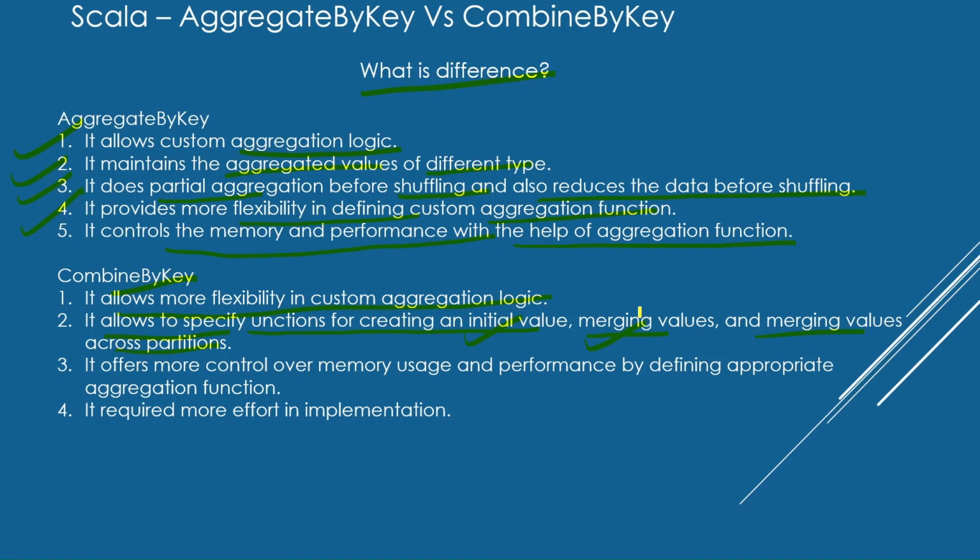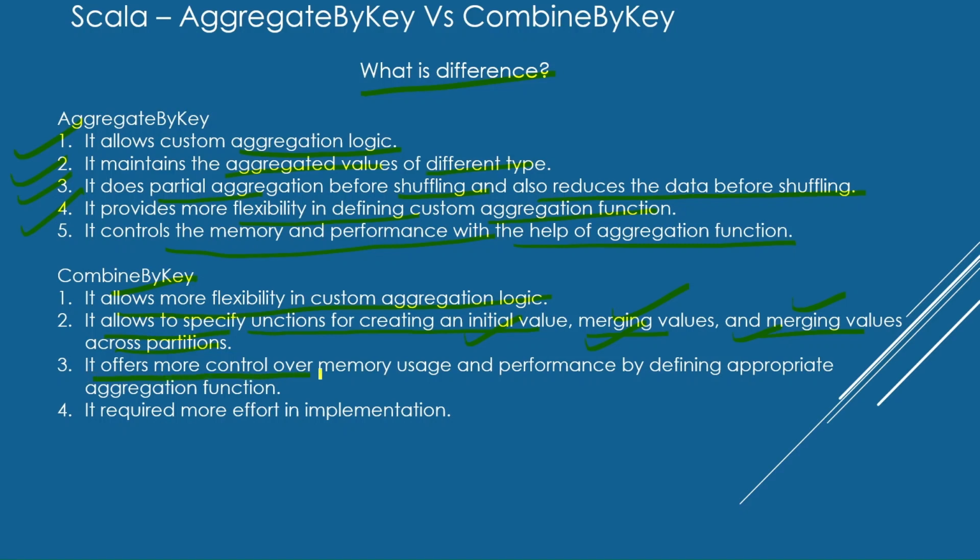And merging values will merge the values per key in each partition. And merging across the partitions, what does it mean? The results of merging values in different partitions will be combined from each and every partition to give a single value.